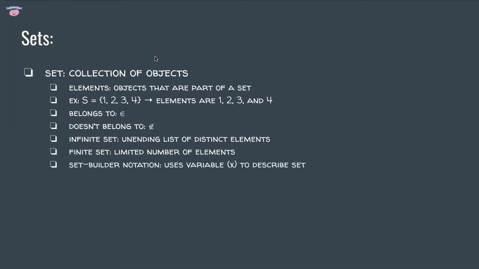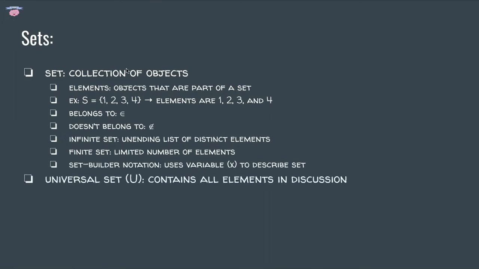Set builder notation uses a variable to describe a set. For example, the set of all natural numbers can be written as 1, 2, 3, 4, and so on. But instead, you can write it as X, such that X belongs to the natural numbers.